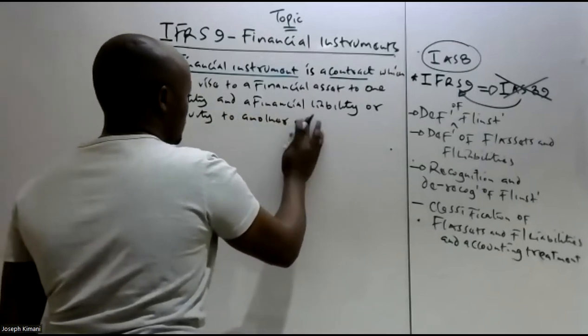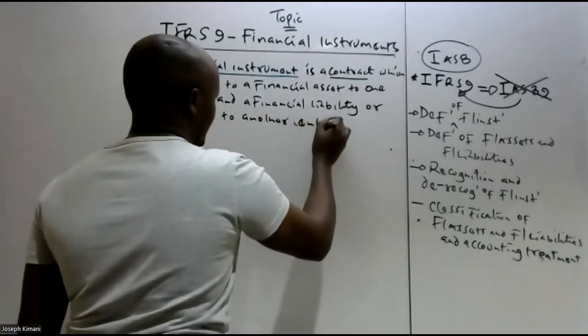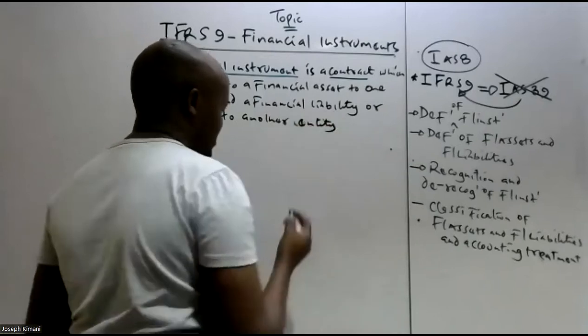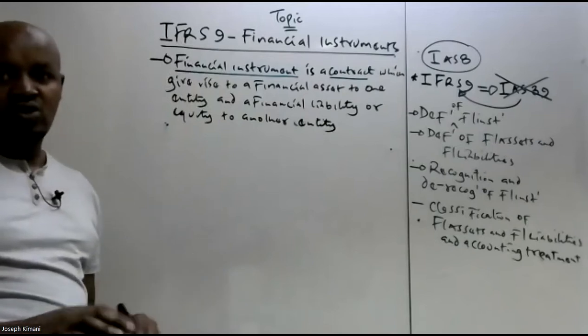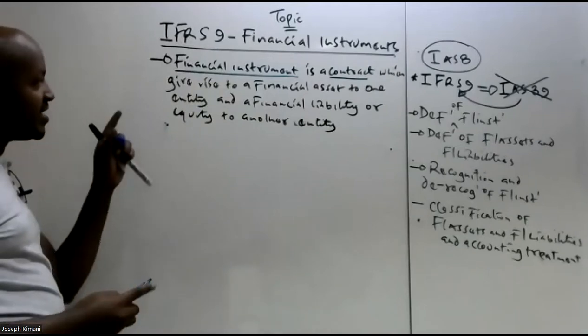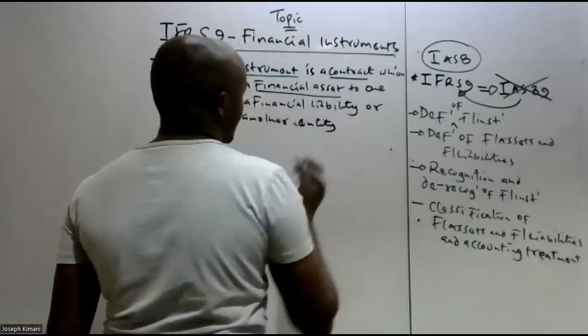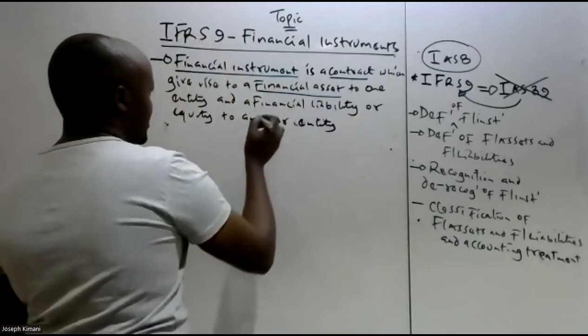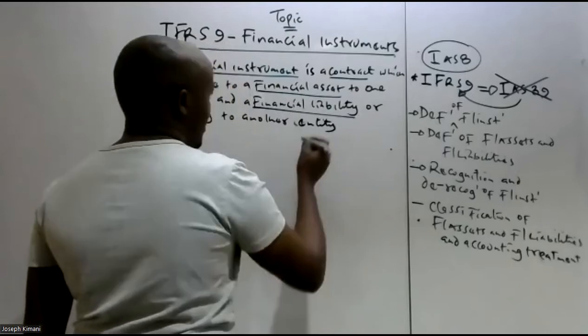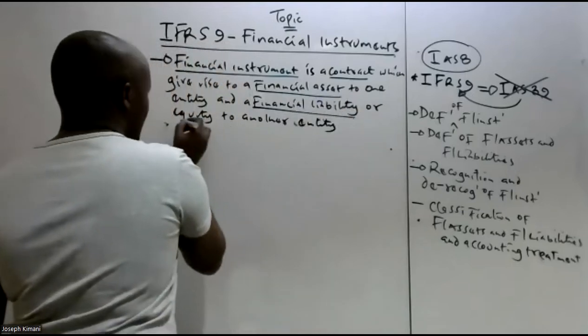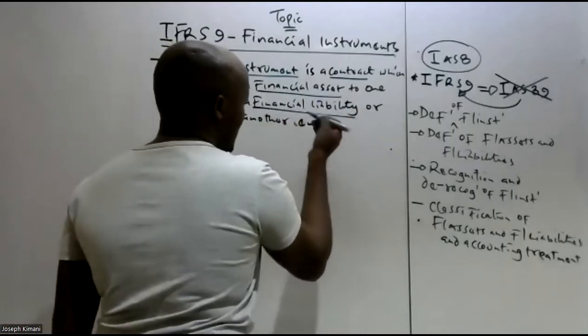So that is the definition of what is referred to as a financial instrument: a contract which gives rise to a financial asset to one entity, and a financial liability or equity to another entity.